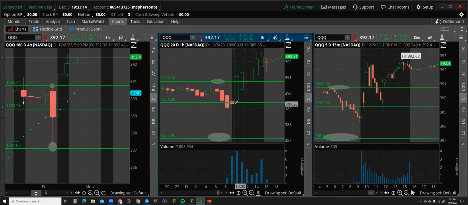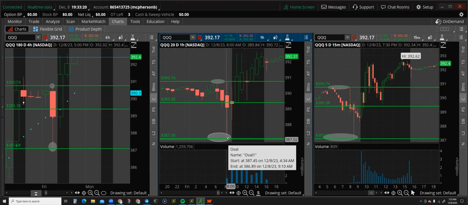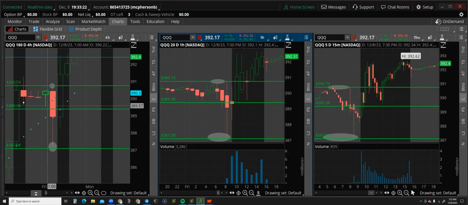So what is that telling you? Just from putting in your drawing tool lines, this is the main floor down here, right? The next 4-hour bar comes in at 9 o'clock. She falls short of taking out the main floor. What is that telling you? The market's stepping up or down?